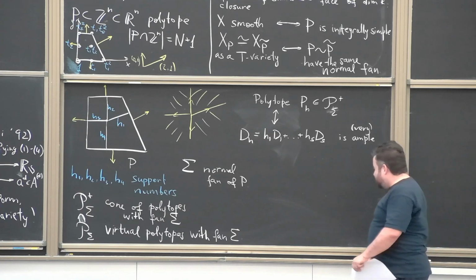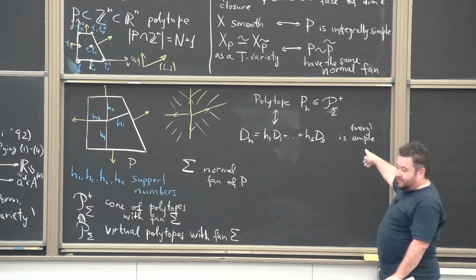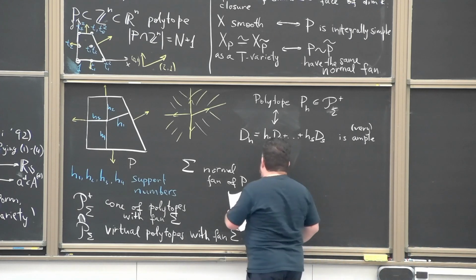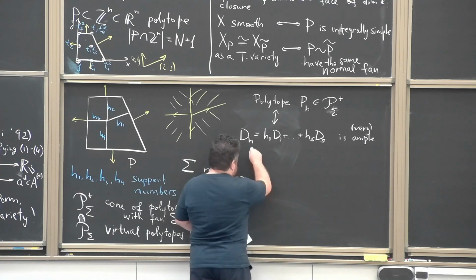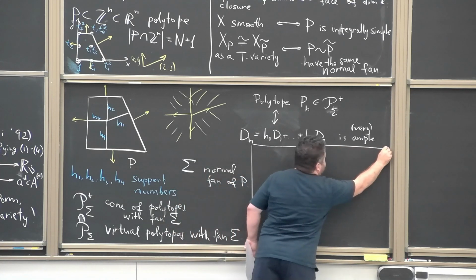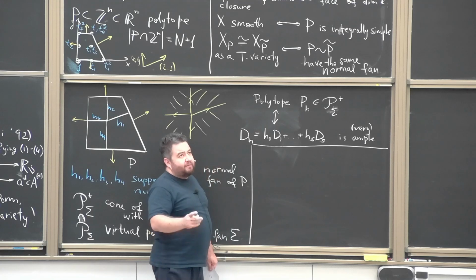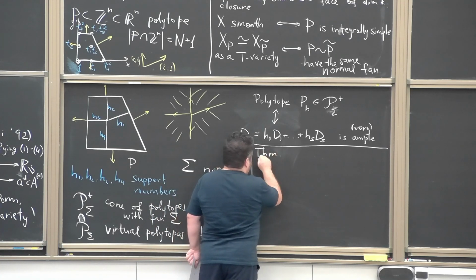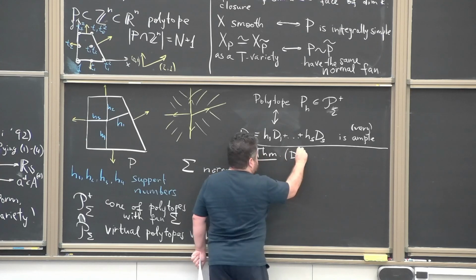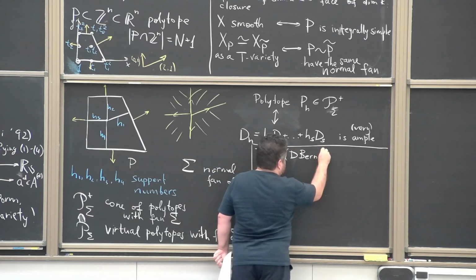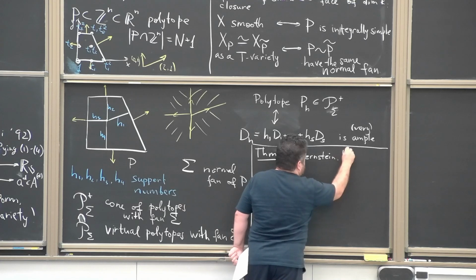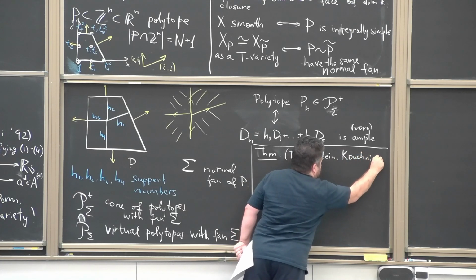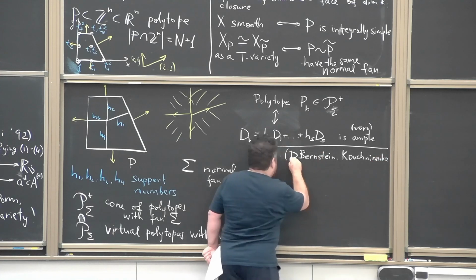Mystery aside, this is the volume of this polytope. Here's a theorem, essentially due to Kushnirenko, and in this version modified by David Bernstein and Askold Khovanskii. So, a theorem, I'll put these three names here: David Bernstein, Anatoly Kushnirenko, Askold Khovanskii.